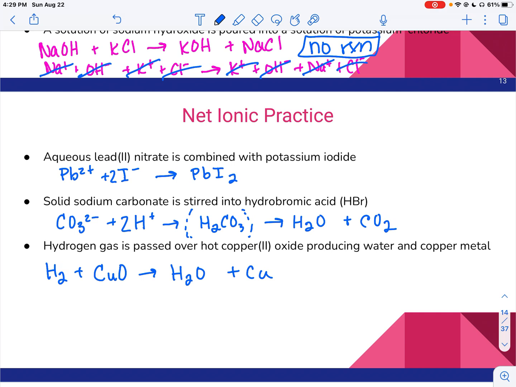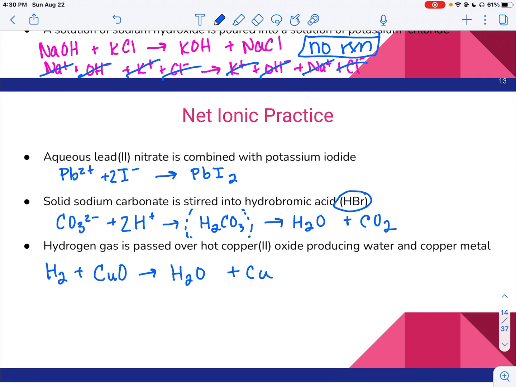Okay. So this first one is just a straight net ionic equation. Your nitrates and potassiums will cancel. The second one, HBr is a strong acid. So you would have your sodiums would cancel and your H's would cancel. Oh, sorry. I made that mistake when I was doing it too. Your sodiums and your Brs will cancel.